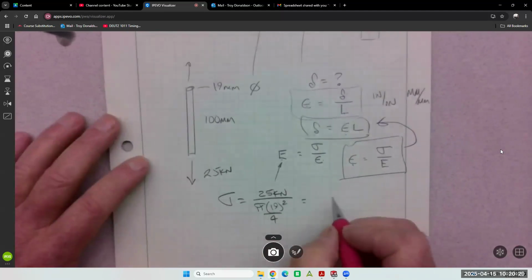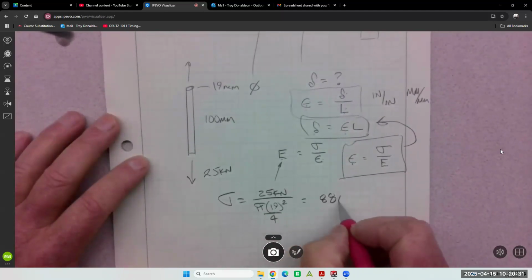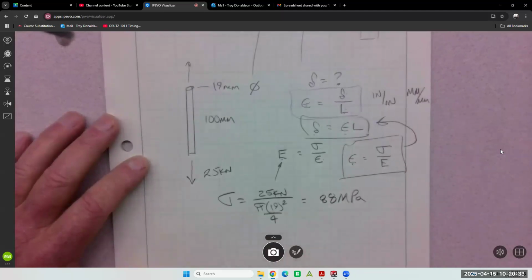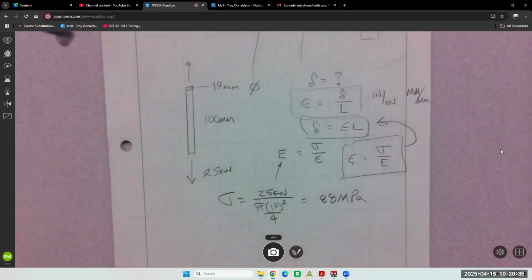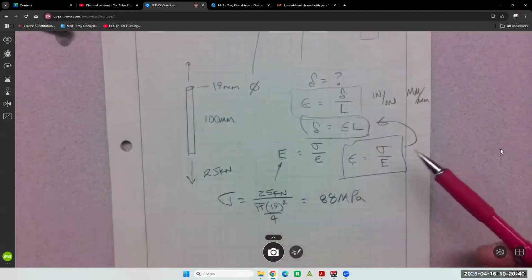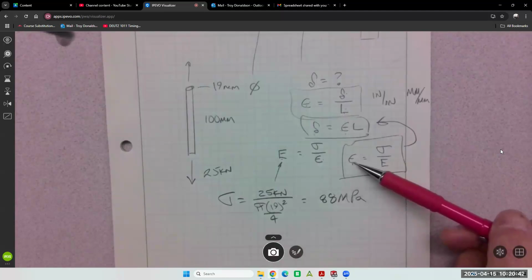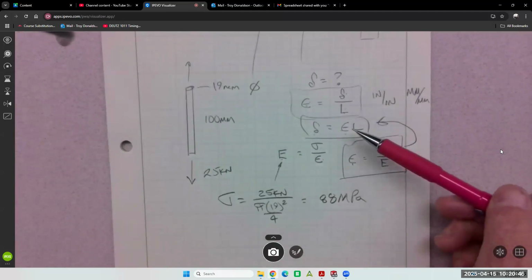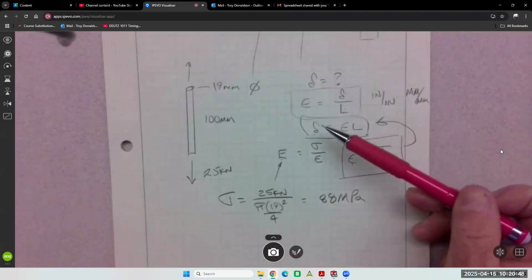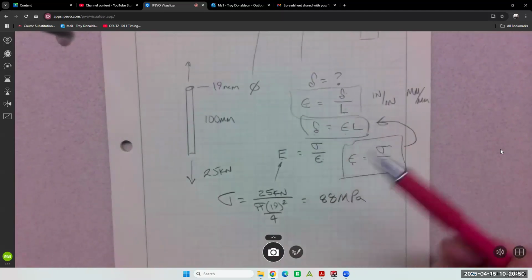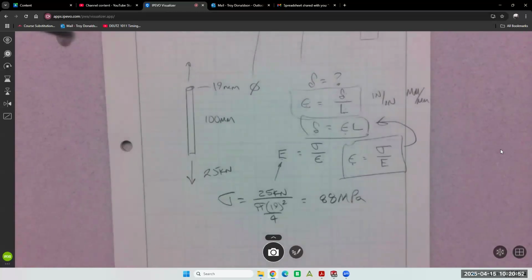And I think you all said it was 88 megapascals. Right? So now we can do this and get that. And then we can use that times this to get that. So let's do that. Let's see how much this changed.